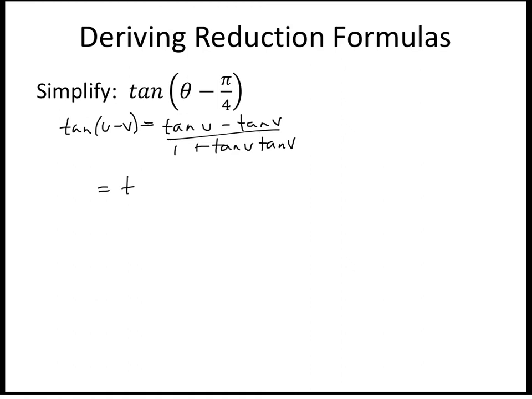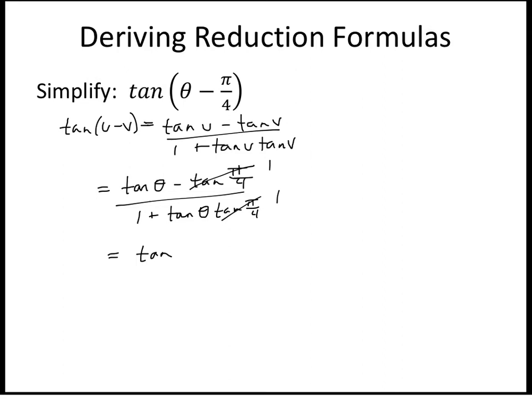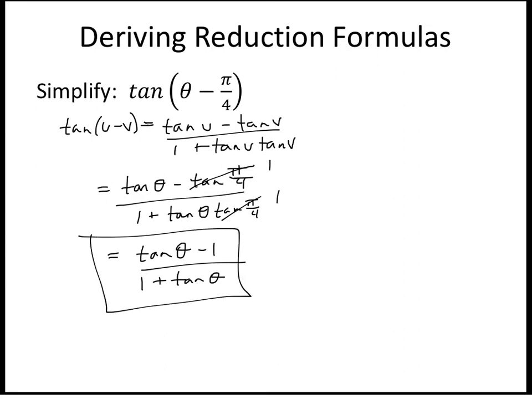So we will have tangent theta minus tangent of pi over 4 over 1 plus tangent theta times tangent pi over 4. Now, tangent of pi over 4 is 1, so we're left with tangent of theta minus 1 over 1 plus tangent of theta. And that's how that simplifies. Another easy one.